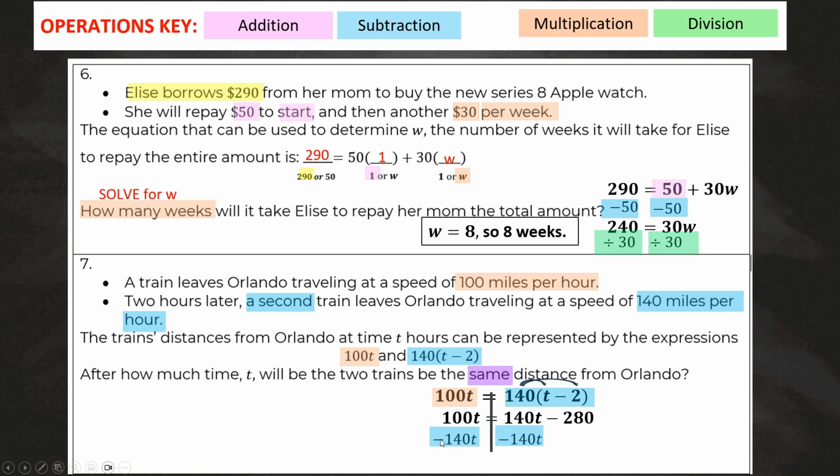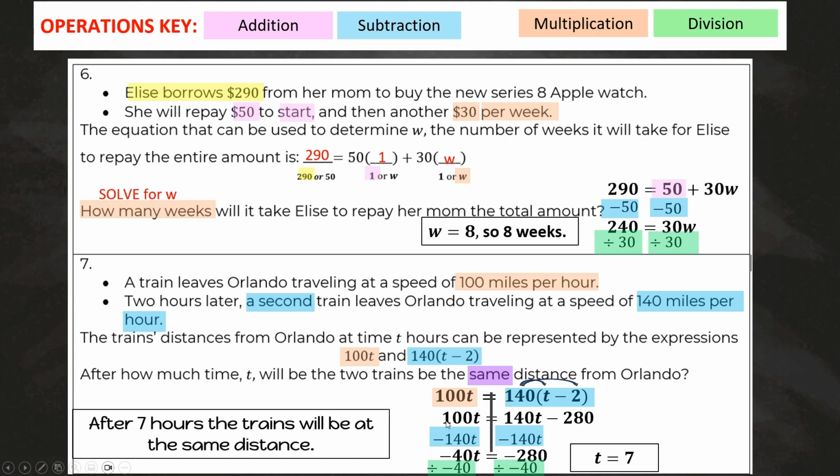So I'm going to bring the 140t to the other side. And I end up with negative 40t is equal to negative 280. Divide by negative 40, and t is equal to a positive 7. So after 7 hours, the trains will be at the same distance from Orlando.